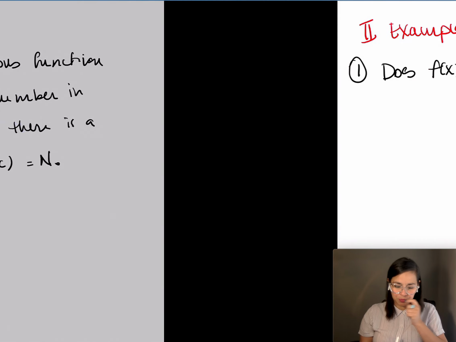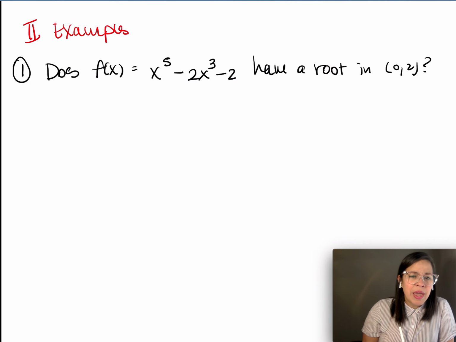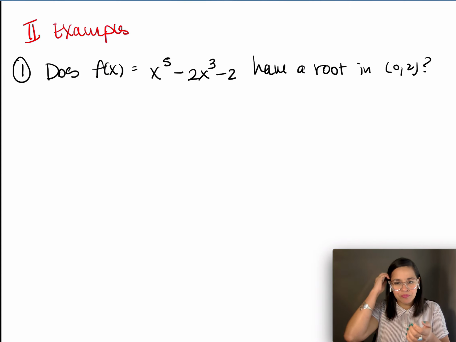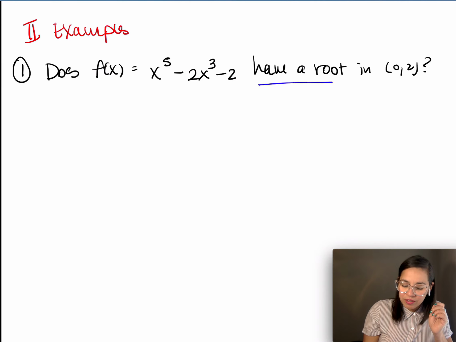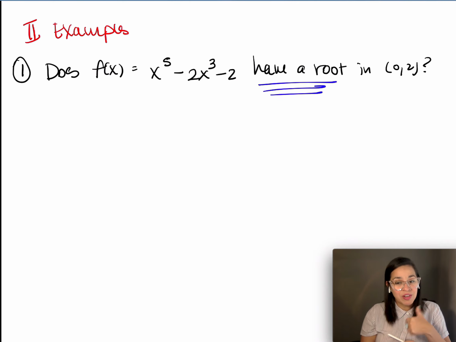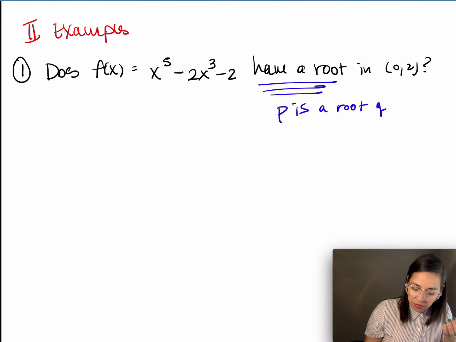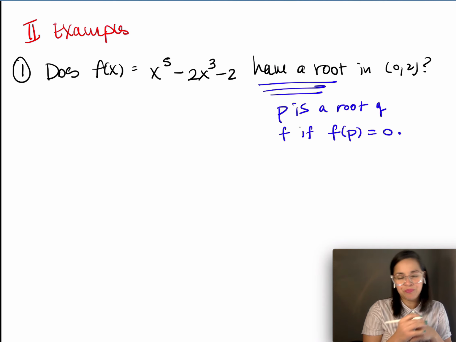Okay, let's do examples. Does f(x) equal x to the fifth minus 2x cubed minus 2 have a root in [0, 2]? Well, the very first thing you have to do is review the definition of a root. We know that p is a root of f if, when I plug it in, I get 0, if f(p) is equal to 0.